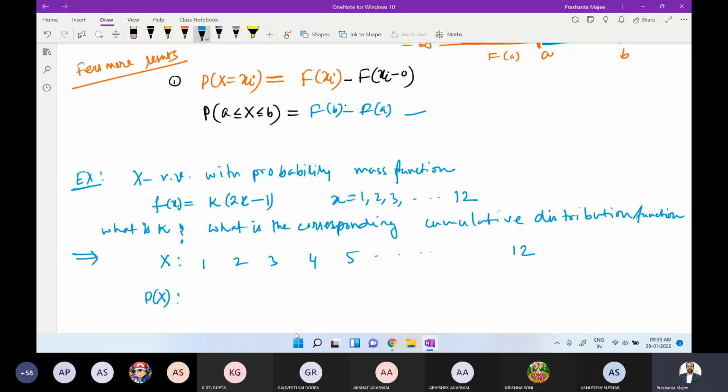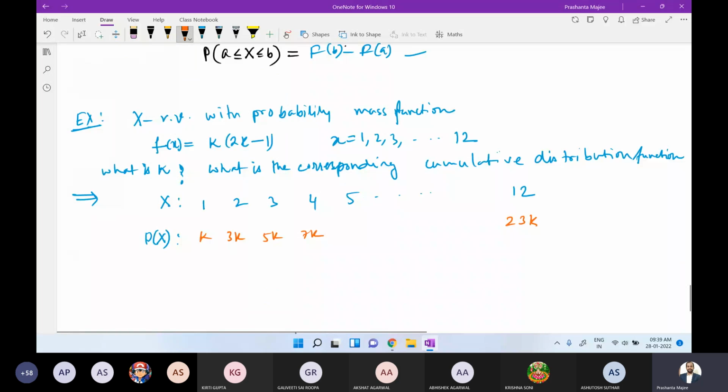It is given according to the formula f of x equals k into 2x minus 1. So what is the weight for 1? K. Then weight for 2? 3k, then 5k, then 7k, and so on up to 23k. Is it okay?